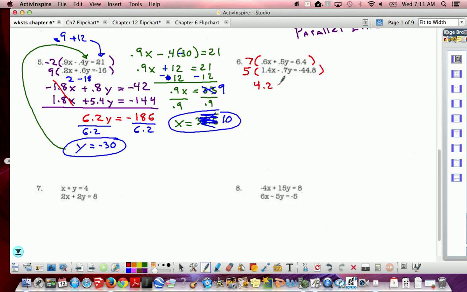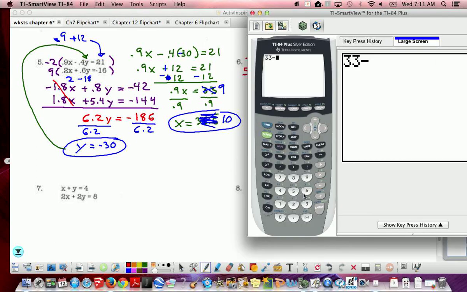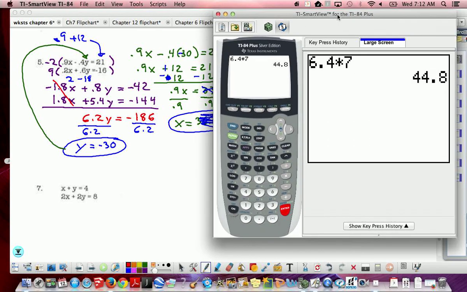So 4.2x plus 3.5y equals, and so let's go 6.4 times 7. Let me clear the calculator for 6.4 times 7, and I get 44. What? Now it should be 44.8.